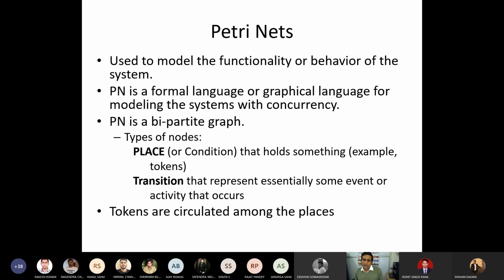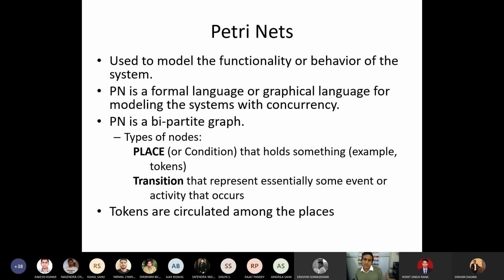A place usually holds some number of tokens. You will understand why each place should hold a token in the next slide. As of now, you can think of a place as something like an entity, within which certain conditions need to be met.